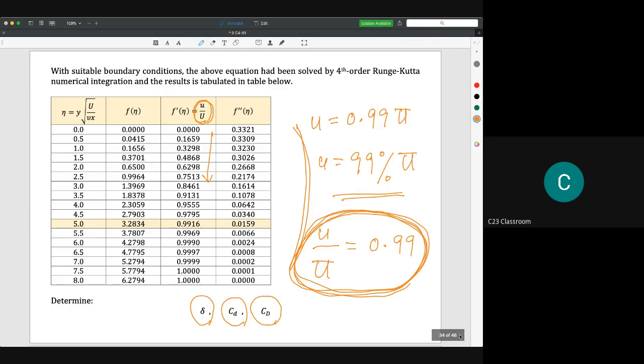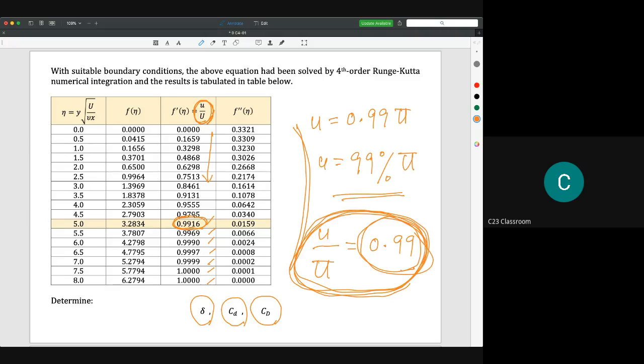So this column reflects u over U. Here we have 0.9916, 0.9969, 0.9990, 0.9997, 0.9999, and 1.0. So you need to find the data which is the closest value to 99%. From here we could say that 0.9916 is the closest data to 99%.